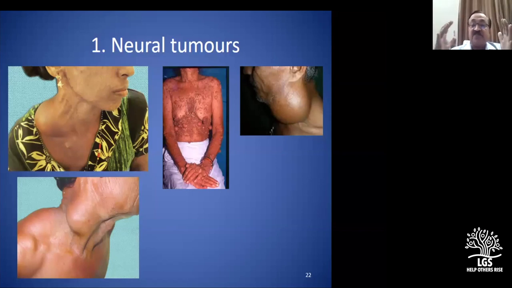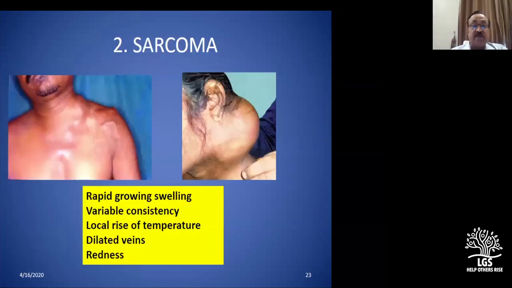Classical examples are sarcomas, like synovial sarcoma, where you find a lot of dilated veins. In the breast, you have got one more disease called Phyllodes tumor. Lots of veins are over the swelling. Remember this patient here, these are not over the swelling. This is all due to compression. That means the swelling per se is not vascular. So these are the few points which will help you in the diagnosis of a neural tumor.